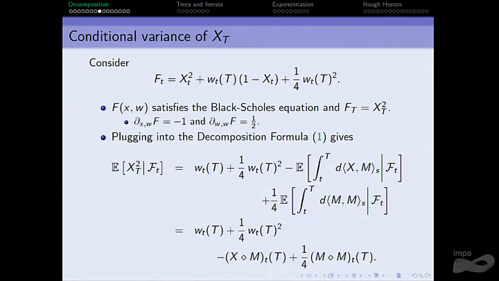We get that the expectation of the square of the terminal log spot is given by quadratic variation plus a quarter of the quadratic variation squared minus this diamond functional plus another diamond functional. Now, we know that the expectation of X is just minus a half W, right?